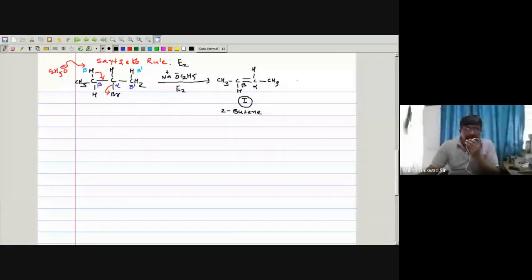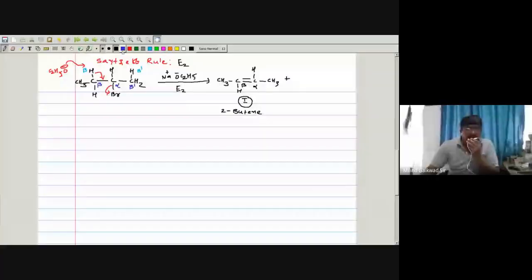Similarly, this sigma bond may also break. So in this case also, the beta hydrogen may break, and there is a formation of the corresponding alkene. So you can get in this case CH3, CH2, compound number 2.